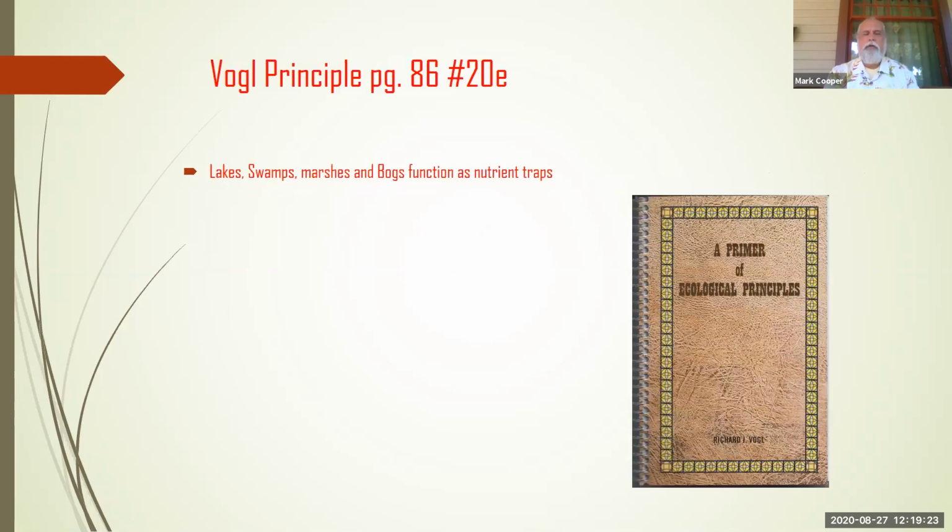All right, so here's the principle: lakes, swamps, marshes, and bogs function as nutrient traps, and because they do that, they are highly susceptible to cultural eutrophication. This is basically kind of a low point where all the nutrients go. So I want you to know that principle.